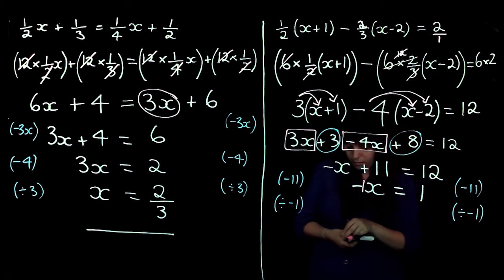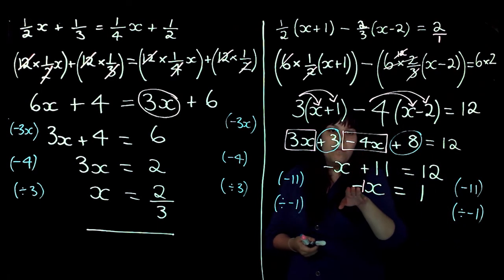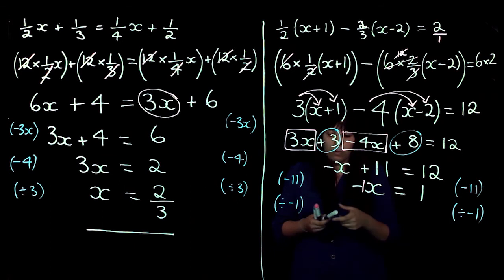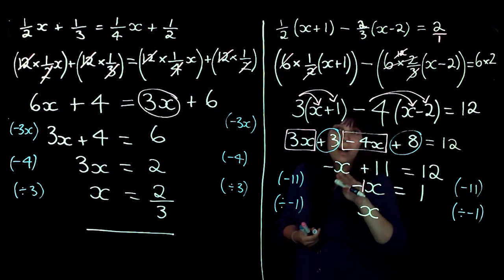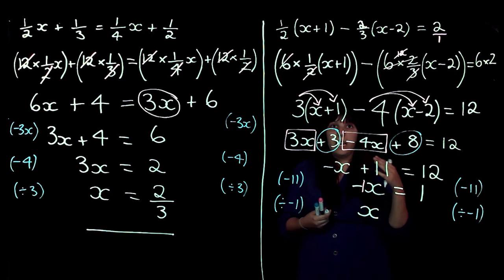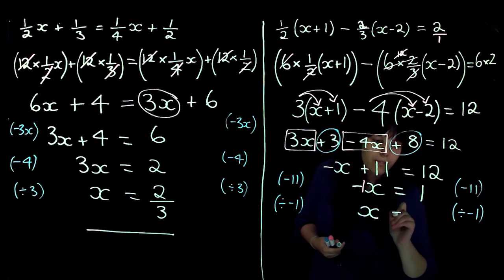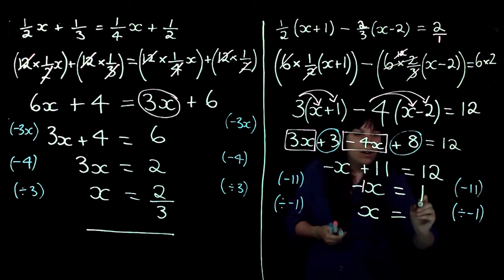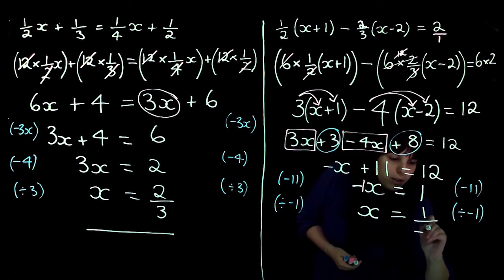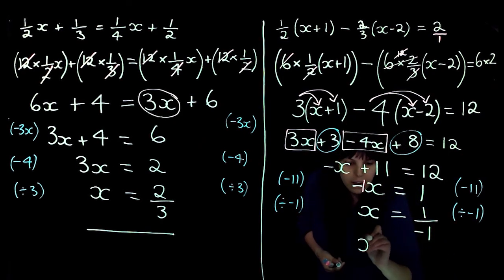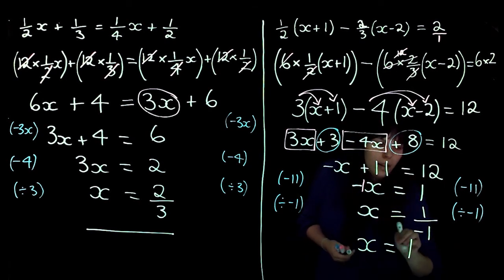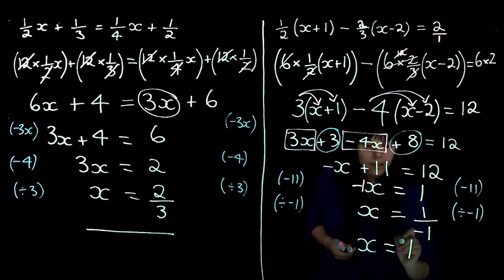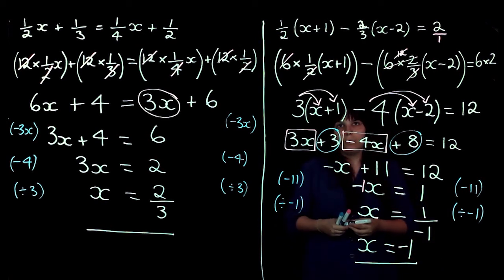So minus x divided by minus 1 is just going to give me x, because a minus divided by a minus is a plus, or positive. And then on this side I've got 1 divided by minus 1, so I'll just rewrite that. So x equals, well, 1 divided by 1 is 1, and a positive divided by a negative is a negative. So my solution is x equals minus 1.